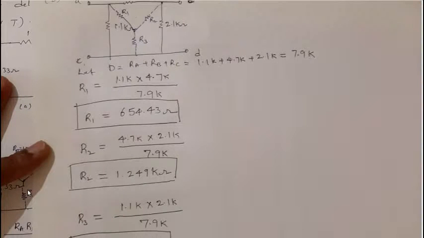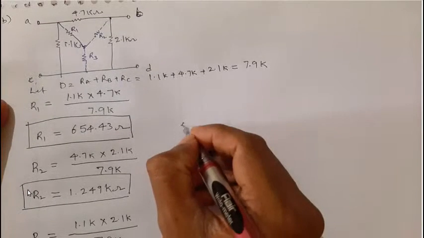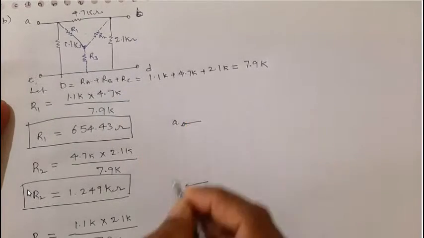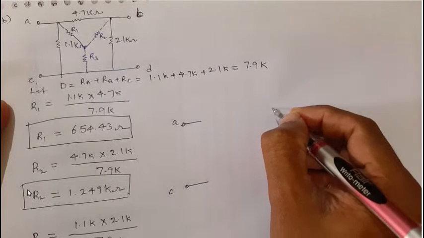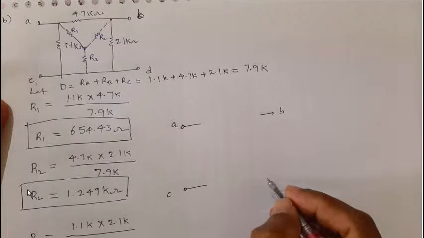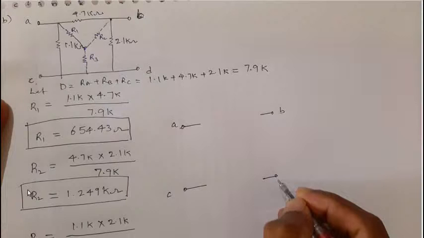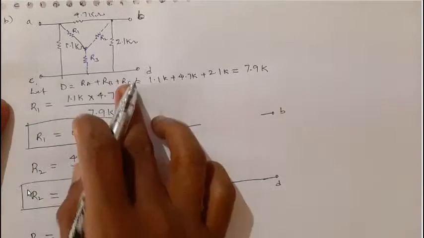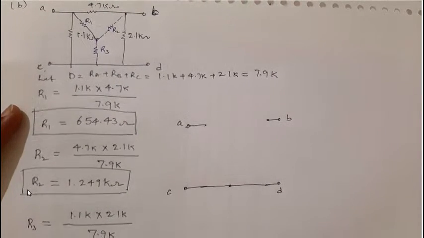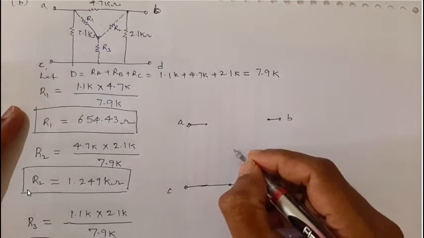So between the A, B, C, D points, this is A, this is C, and here B, and this point I consider as D. Say CD I will directly connect, and we have a T or Y network, right?